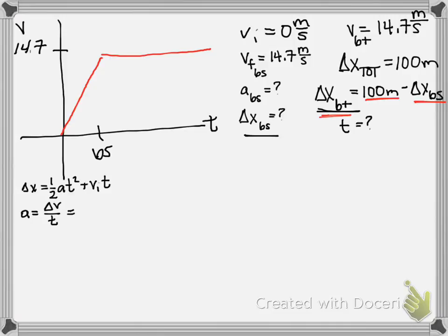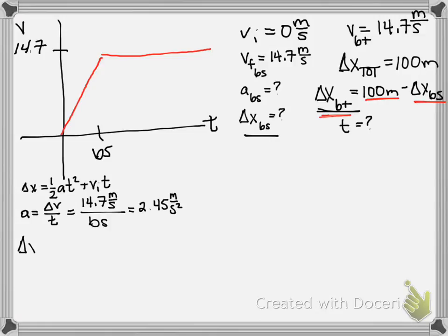So I know that my change in velocity is 14.7 meters per second, and that it took her 6 seconds to achieve that, which means her acceleration was 2.45 meters per second squared during the first 6 seconds. Now that I know that, I can start plugging some numbers into my displacement equation.